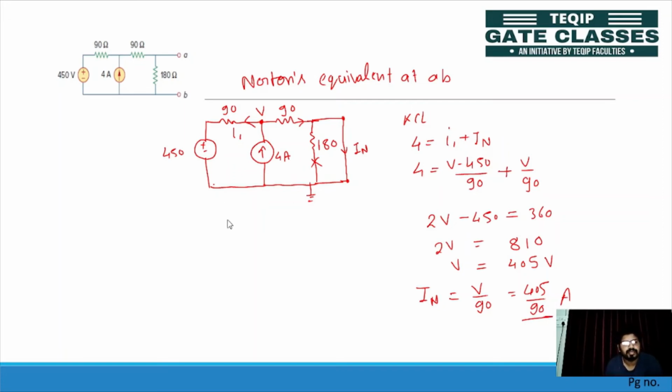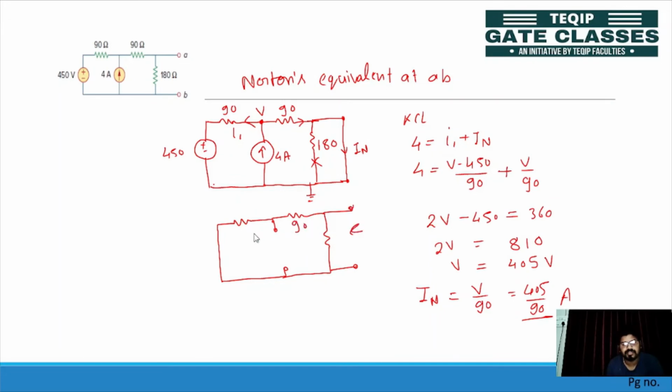Okay, and now RTH. What is RTH? So for RTH you have to just turn off your sources. Okay, turn off this current source also, current source open circuited, voltage source short circuited. Okay, and at this terminal you have to find RTH.